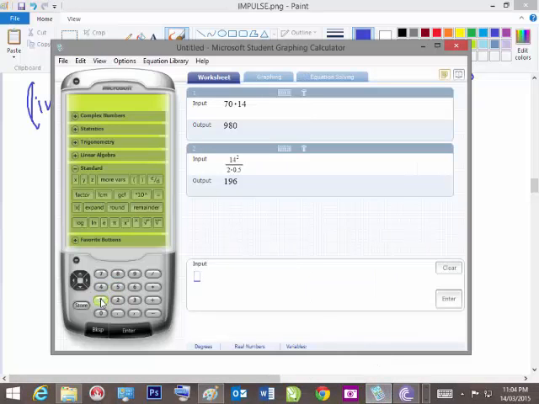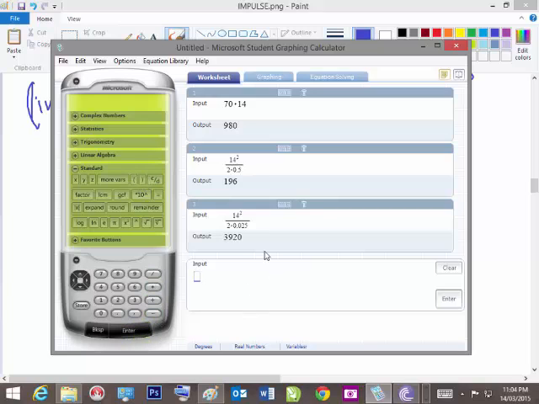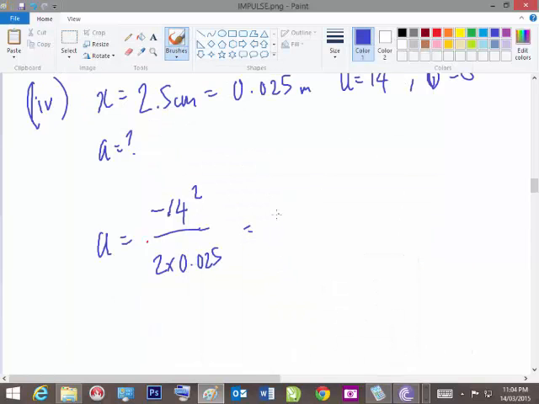So that's again 14 squared over 2 times 0.025, and enter. 3920 meters per second squared. It's quite large.